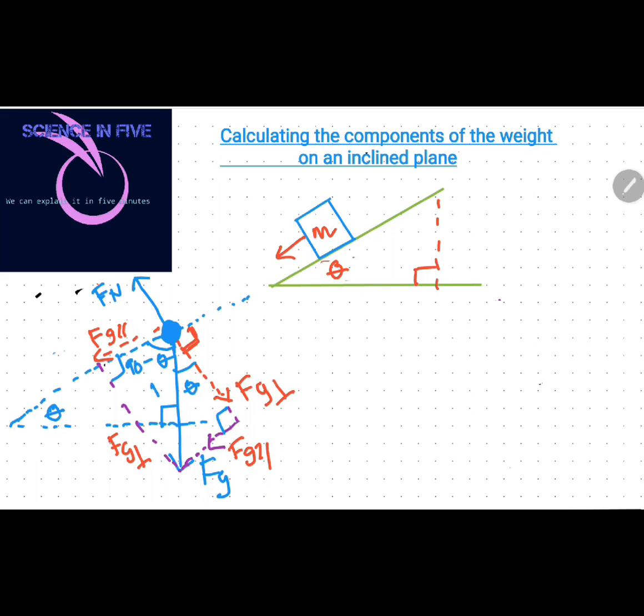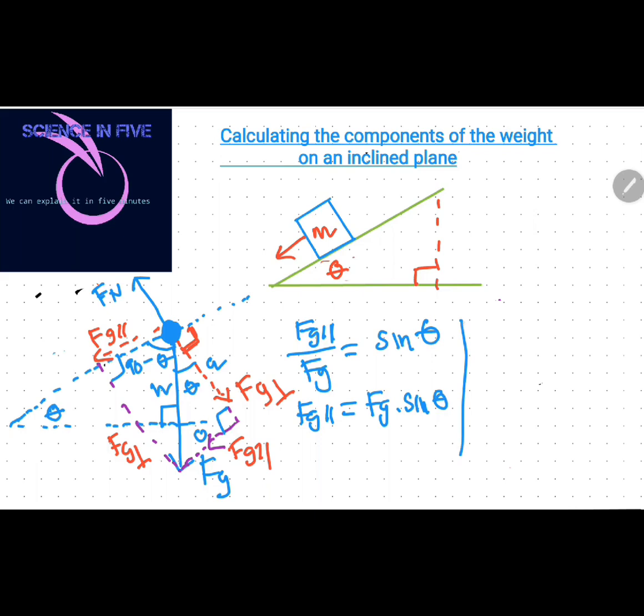Fg is the hypotenuse, Fg perpendicular is the adjacent side, and Fg parallel is the opposite side. So I'm going to say Fg parallel over Fg is equal to the sine of theta. Then I'm going to have Fg parallel is equal to Fg times the sine of theta.